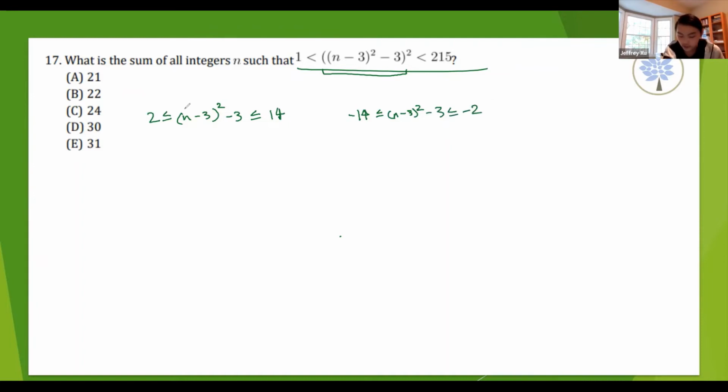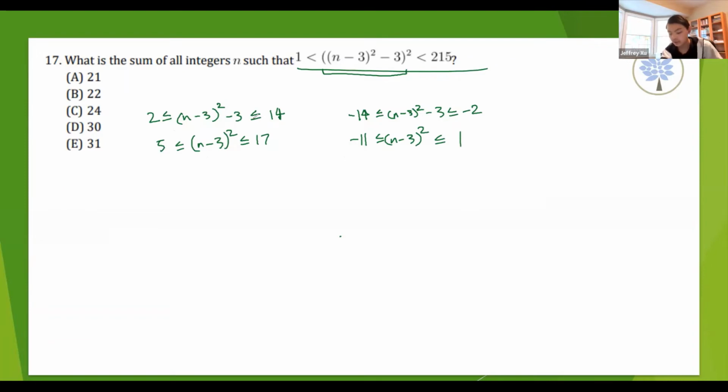And then we add 3 to both sides on each of these. And (n minus 3) squared is just a square number.